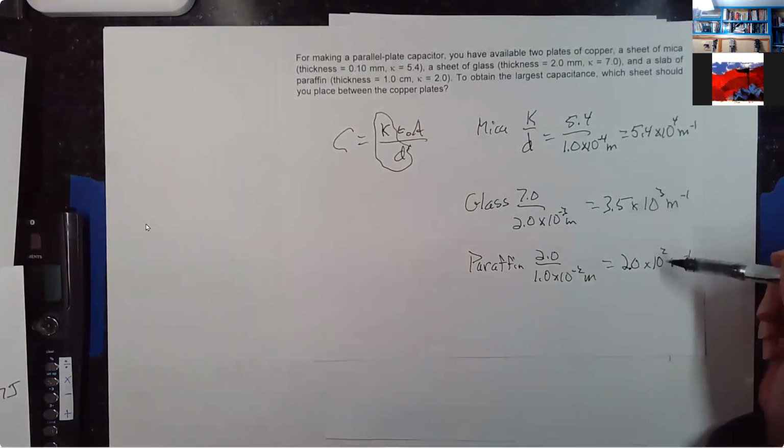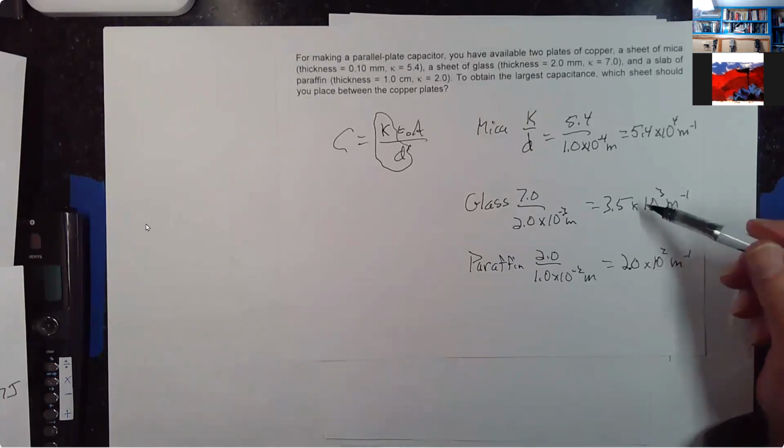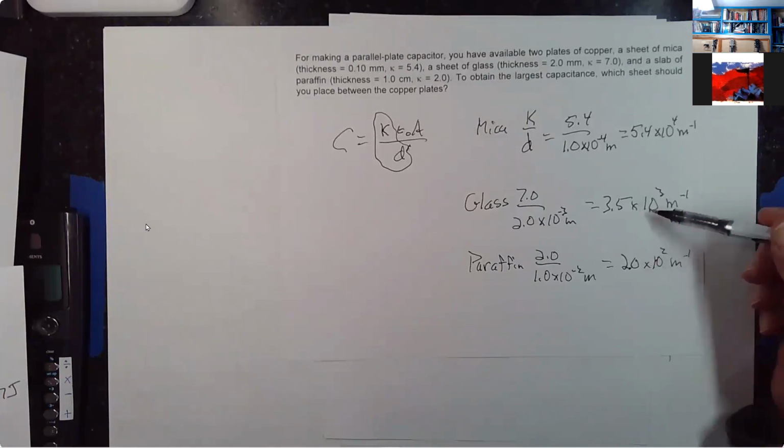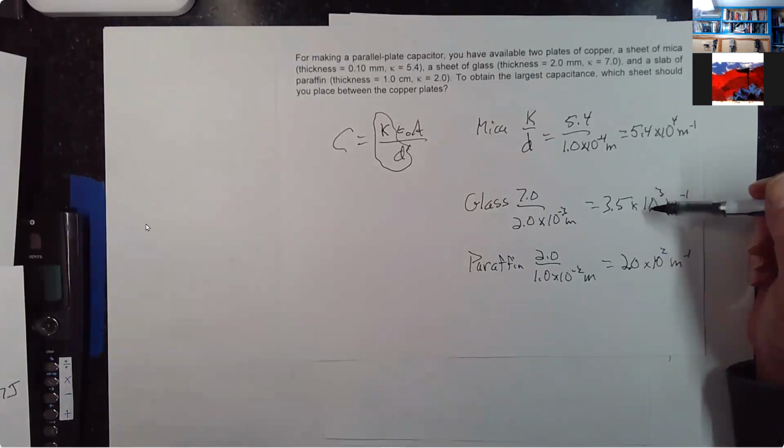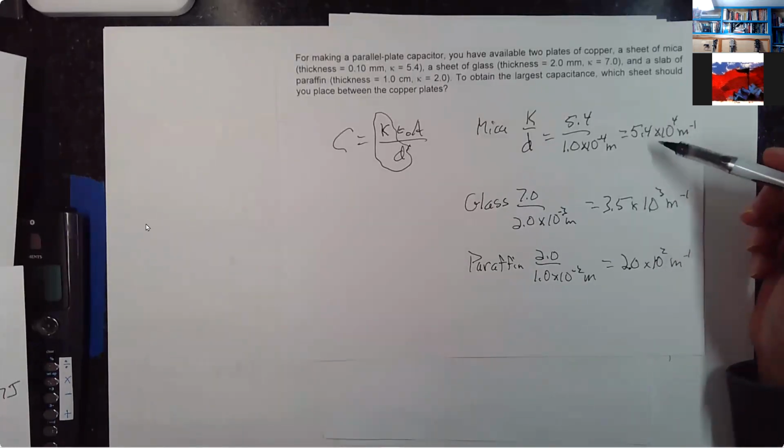So this one, the paraffin, is more than a factor of 10, it's actually more like 17 and a half times smaller than the glass. And the glass is about another 17 times smaller than the mica.